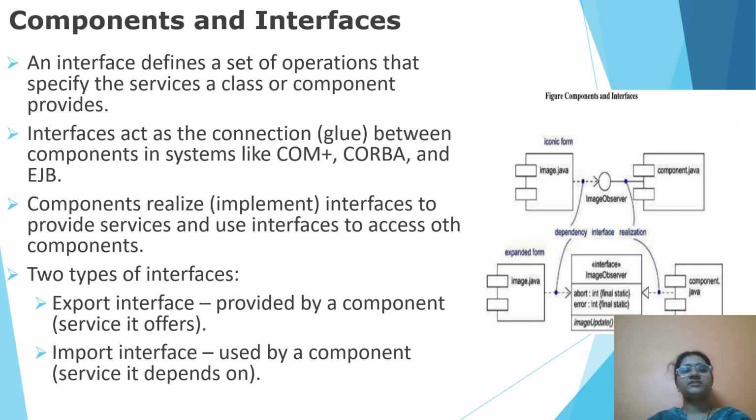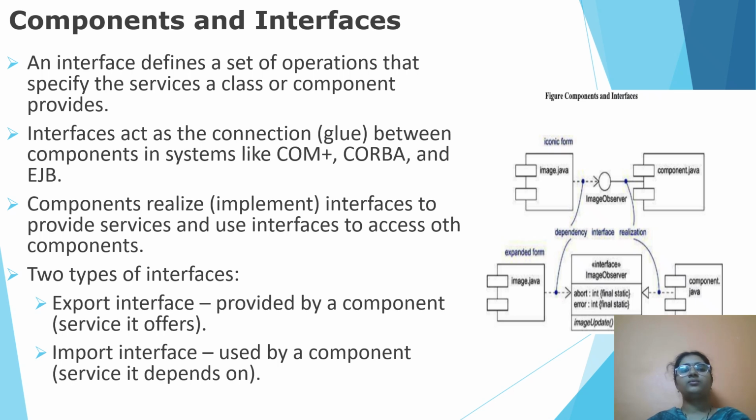Components and interfaces. An interface is a collection of operations that define a service a class or component provides. It's like a contract, specifying what a component can do, but not how it does it. In modern systems such as Java Beans, interfaces act as the glue that connects components.